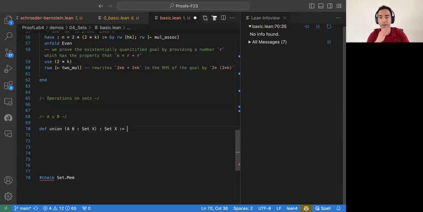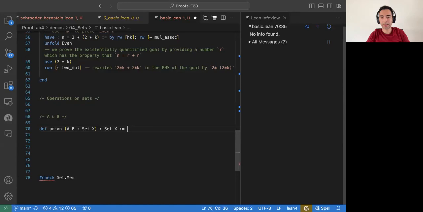Okay, but how do I define it? For an element in set X, it is either in set A or in set B. That's right.